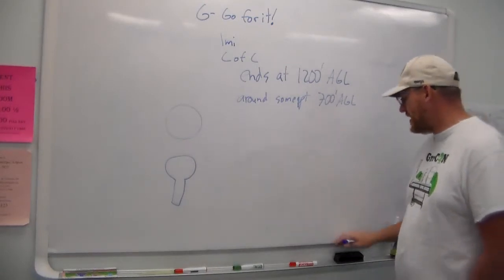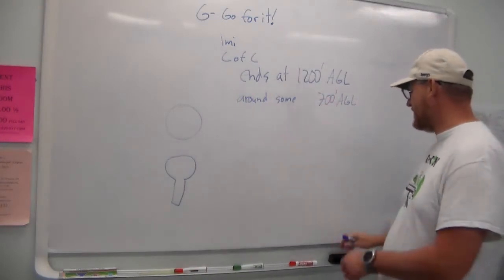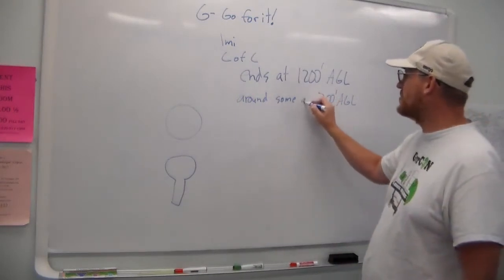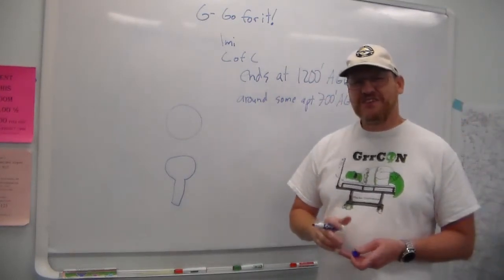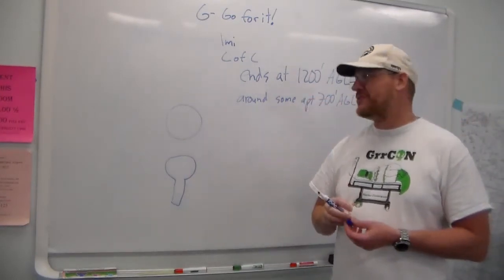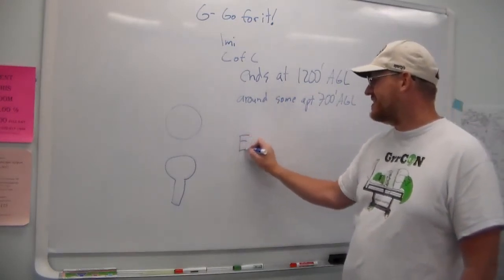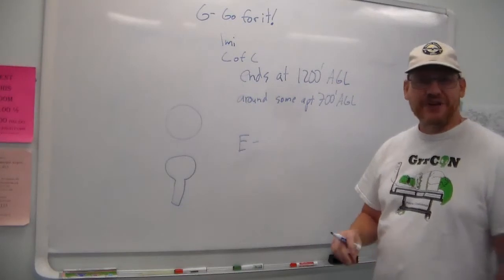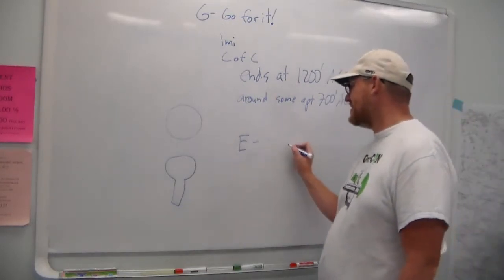So here's why it stops at 700 feet at some airports. The whole reason for the next kind of airspace up the food chain, if you will, which is Class E. Class E is everywhere that's not one of these other airspaces.